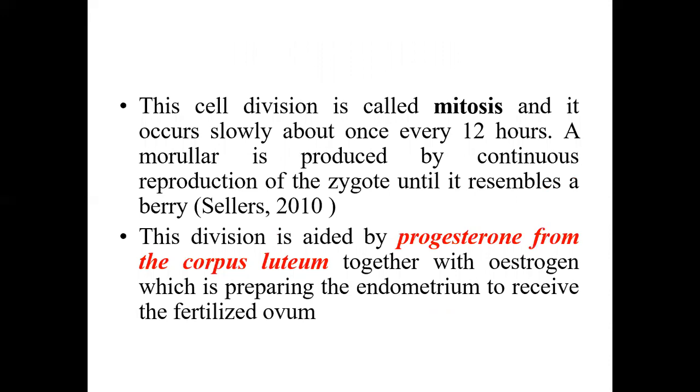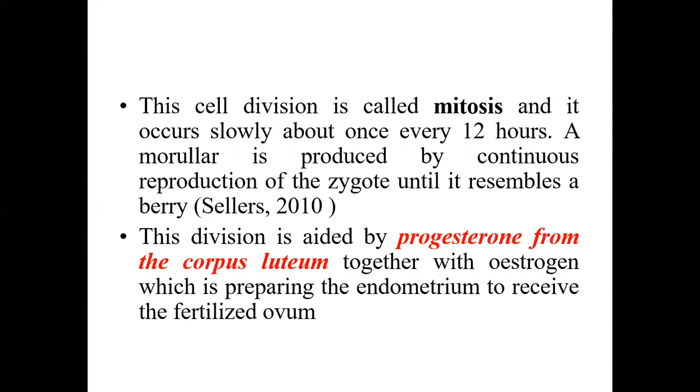This cell division is called mitosis, and it occurs slowly about once every 12 hours. A morula is produced by the continuous reproduction of the zygote, the same divisions that we were looking at, until it resembles a mulberry. That's why it's called a morula.